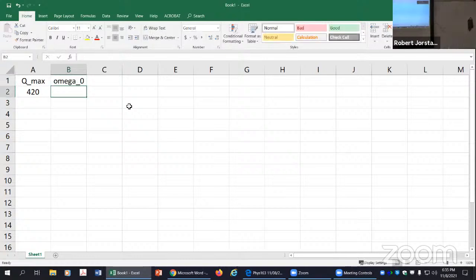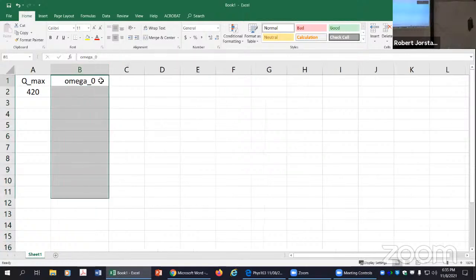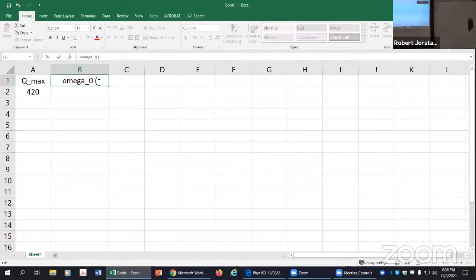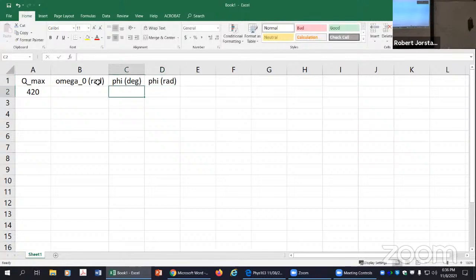And I want to be clear here, because this matters: normally, we're going to talk about omega naught in radians. And then over here, we could do phi, the phase angle. Typically, it's mentioned in degrees, but then we're probably going to immediately want to convert it to radians, because Excel is going to use radians to calculate, right?